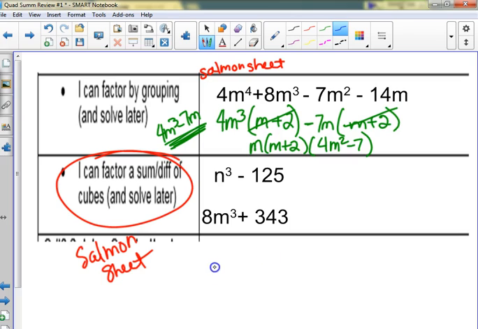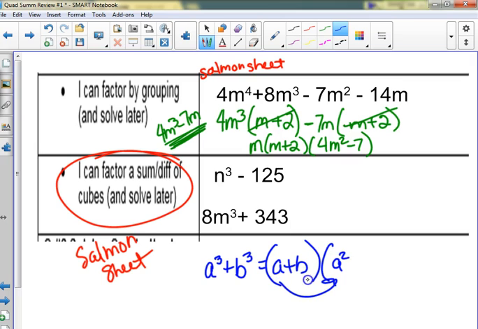The pattern: a cubed plus b cubed equals a plus b. Then you take this guy and square it. You take this guy and square it. In the middle goes a times b. And then the rule is if this was a plus originally in the question, the first parenthesis is a plus and the second one is a minus plus.